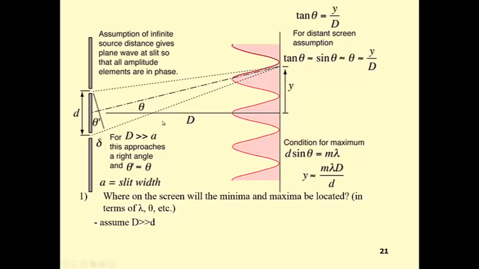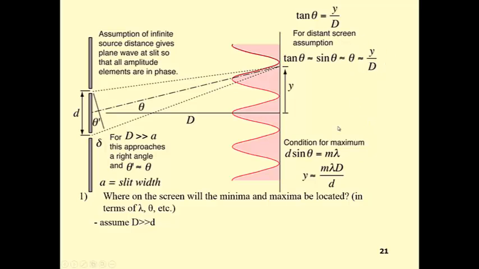So we make the assumption that for very small slit widths, this distance here is going to be so much greater than a that you can just say, right, I'm going to use this distance here rather than trying to use the difference here and the difference here, given that you've got a very small a here. So you're going to approach it at right angle, which means you're going to be using this here. So for a distant screen, the assumption is that tan theta is approximately equal to sine theta, which is approximately equal to theta, which gives you y on d.